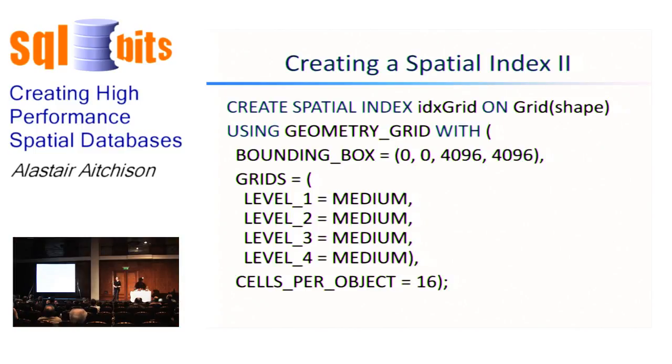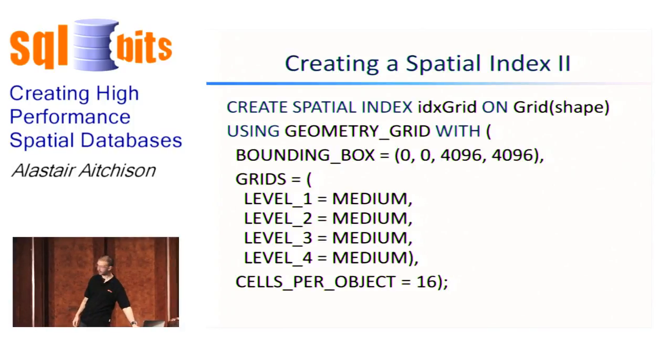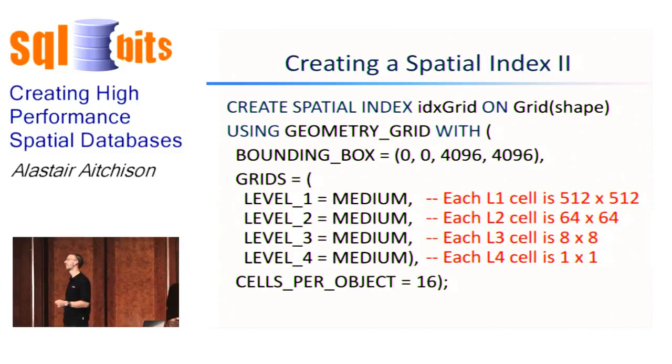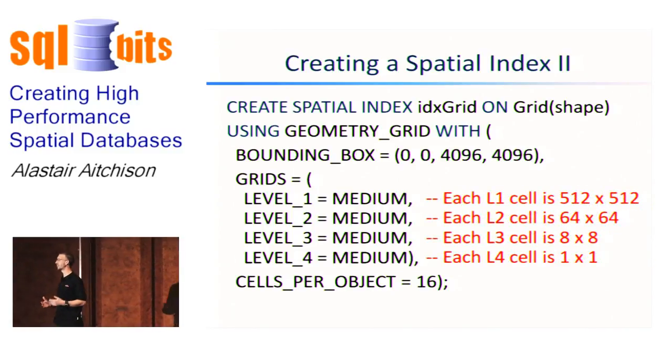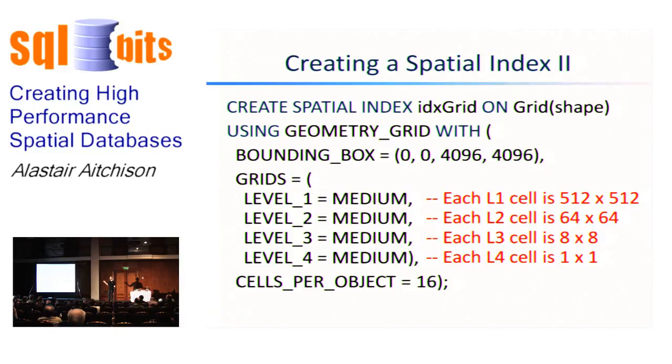And then we're doing the grids. So again, I'm using medium resolution at every one of the 4 levels for this. So that's an 8 by 8 grid. And I'm keeping the cells per object limit at 16, which is the default. Now, I said there was a reason why I'd chosen those values there. And the reason is because if I use a medium grid resolution at each of the 4 levels of the grid, and my level 1 grid extends from 0, 0 to 4096, 4096, each of my level 1 cells decomposes that space into an 8 by 8 grid.